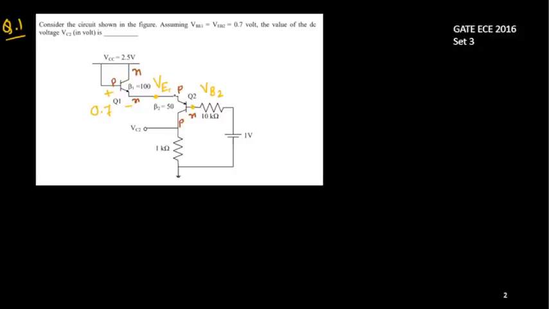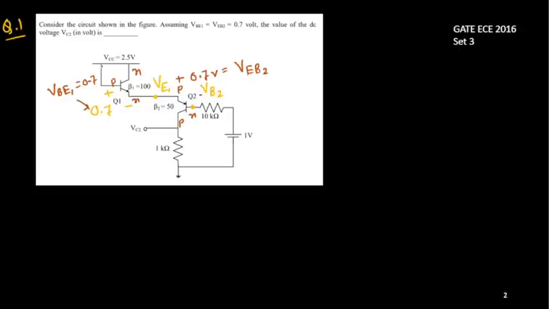Similarly here, again P to N, this potential is also 0.7 volt. This is the base-emitter voltage for transistor 1, 0.7 volt, and this is the emitter-to-base voltage for the second transistor, which, as a PNP transistor, is also 0.7 volt.